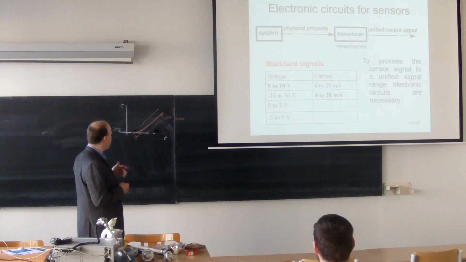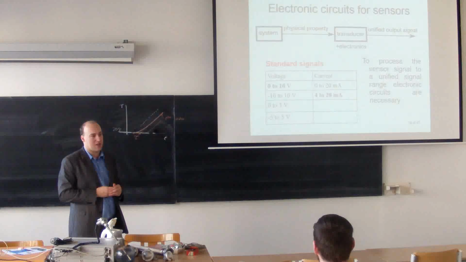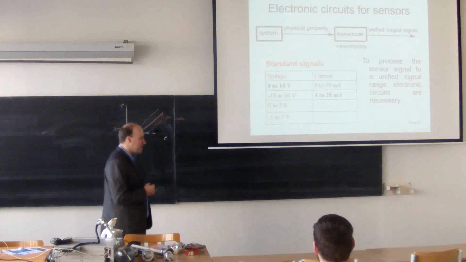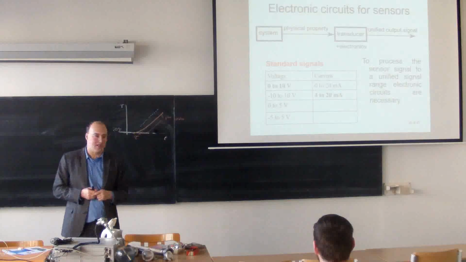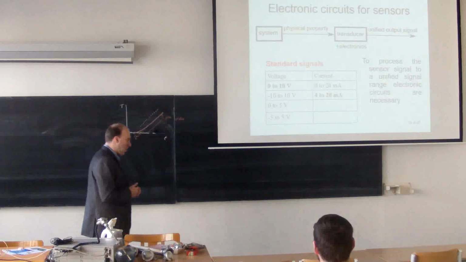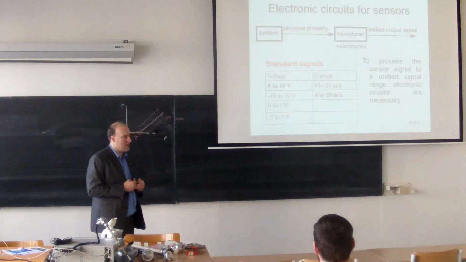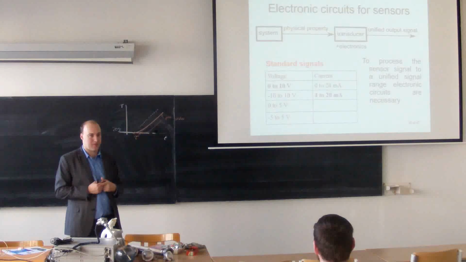In my case here, in what you've seen so far, it was electrical resistance, for example. But in some cases, it's voltage, it's current, it's capacity, and so on. And in order to interconnect different systems, we prefer either some voltage or current signals.